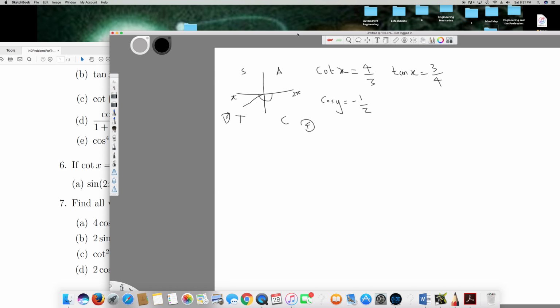Let's see what we can do with this information. First I'm going to draw the x. So tan x is equal to 3 over 4. But in this case, you have to be very careful, guys, because tan x is equal to opposite over adjacent, right?